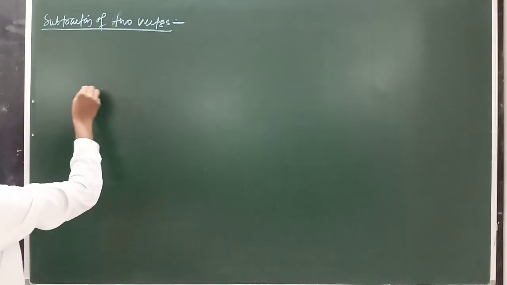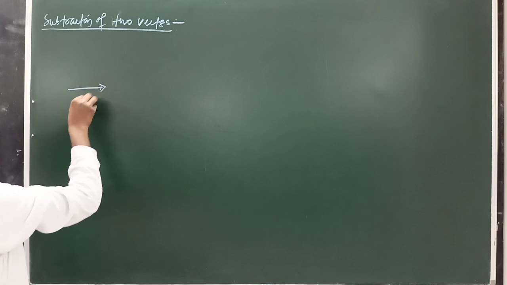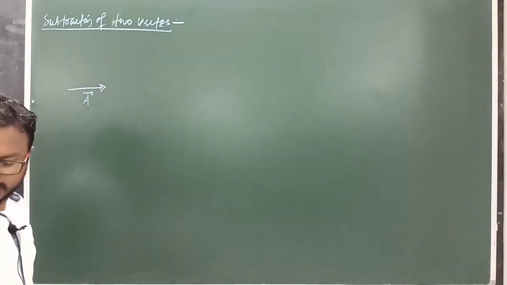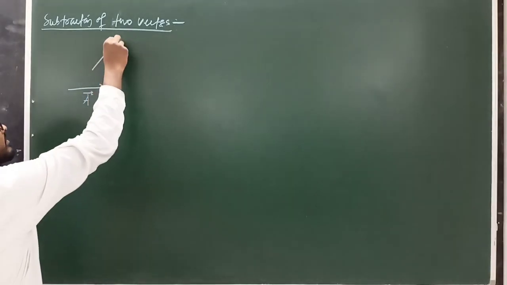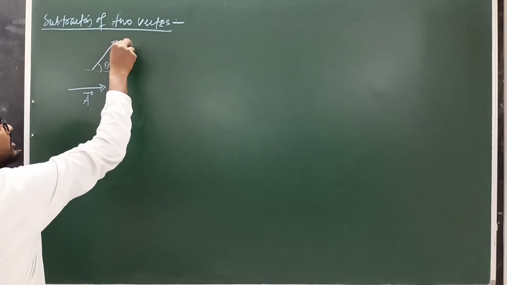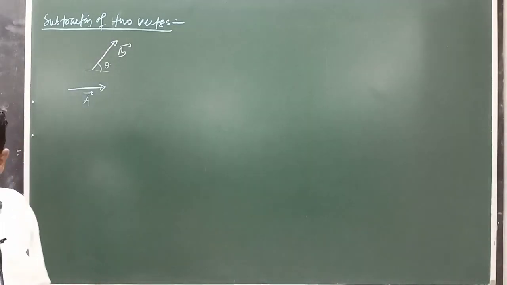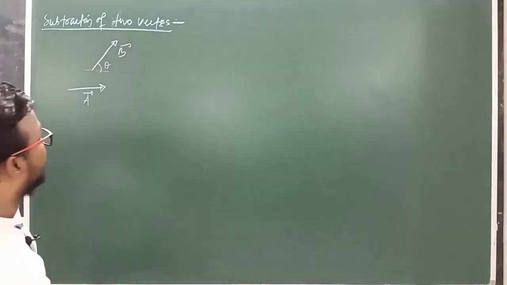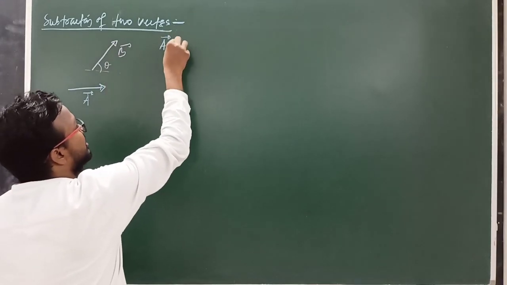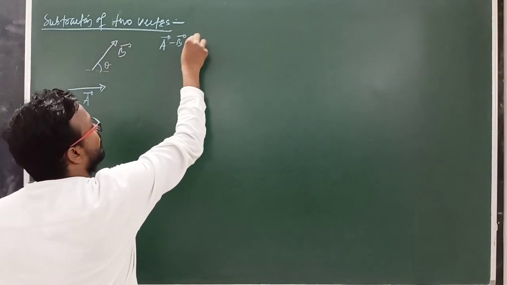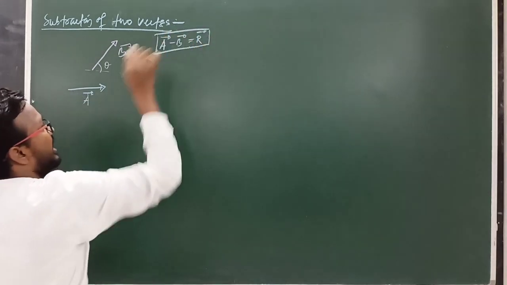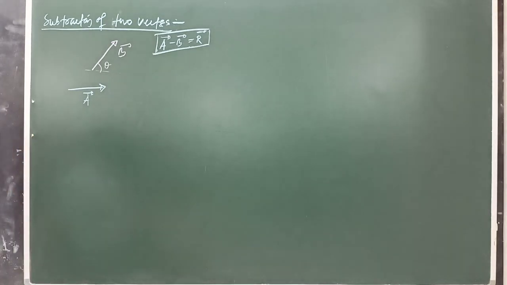Suppose there is a vector A which possesses both magnitude and direction, and another vector B. This is direction theta. Suppose B vector is here. Now we have to subtract A vector and B vector. So subtraction means we have to find A vector minus B vector, which is the resultant vector. We can say that R vector is here, and this vector is known as the subtraction of two vectors.